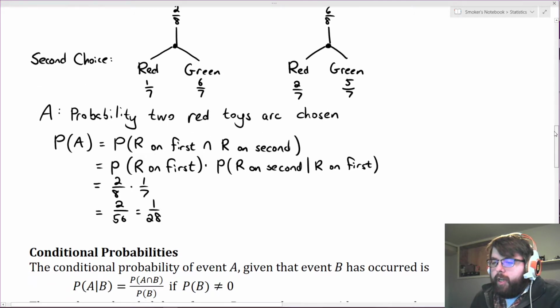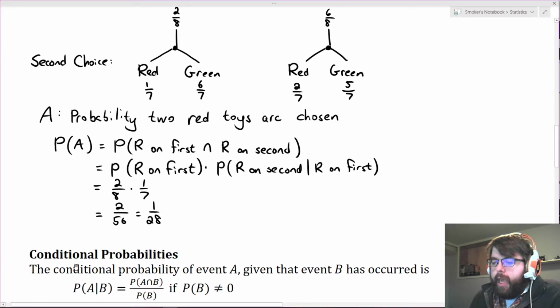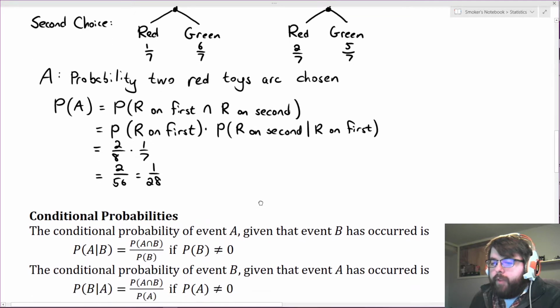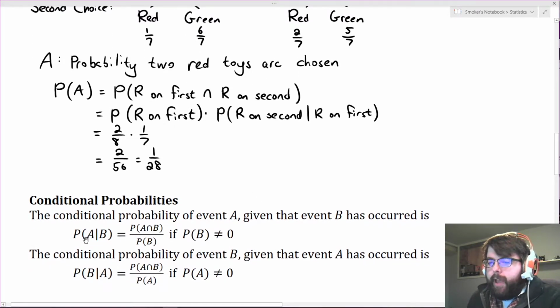What this gives us the ability to do, though, is we can find conditional probabilities given the intersection and the probability of the given event, the event that we need to know is given. So the probability of A given B is equal to the probability of A intersection B over probability of B, the given event. So if we know the intersection of the two events, what that value is, which is what we found up here, and we know the probability of the given event, we can find what the conditional probability is.